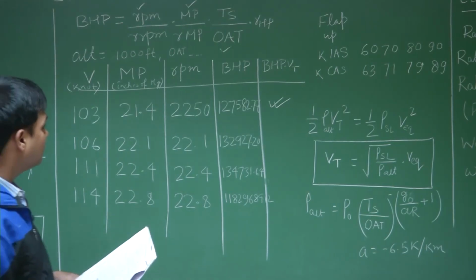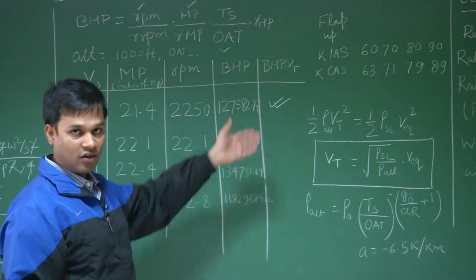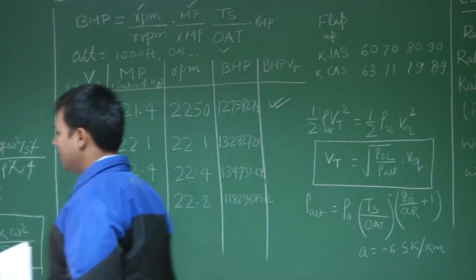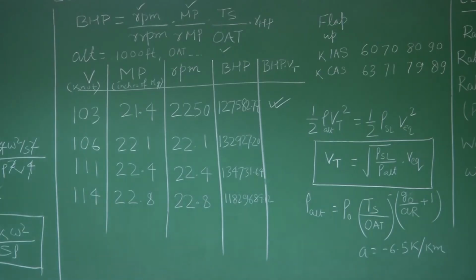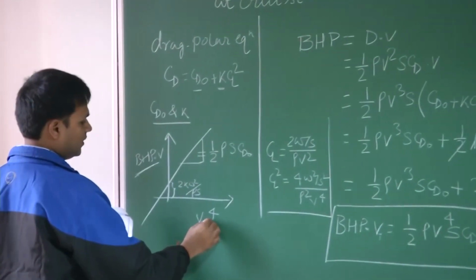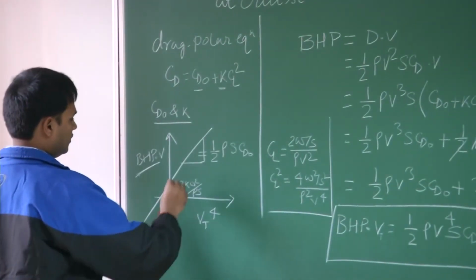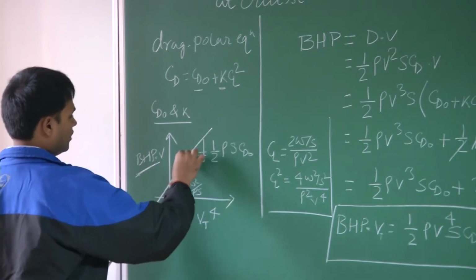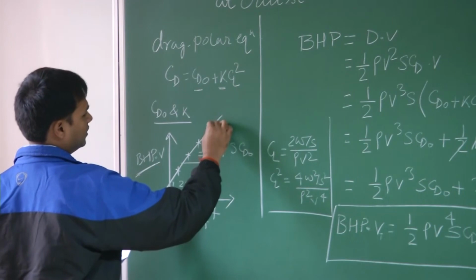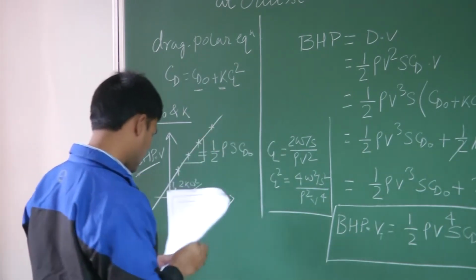Now you will have this column BHP into VT, and you can also have this VT to the power 4. Coming to this, you got this reading from that table, and you also have the corresponding true speed to the power 4. For these corresponding four readings, you should get a linear relation. Here also it is reasonably linear.